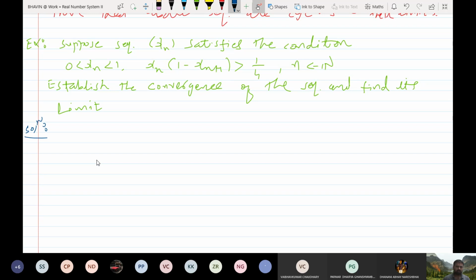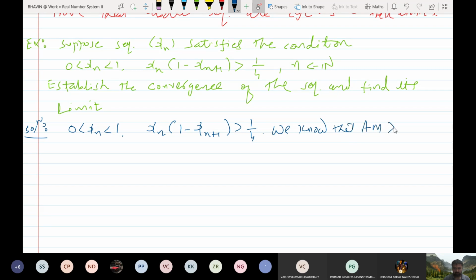This is actually a very nice example. See, 0 less than xn, and we know that arithmetic mean is greater than or equal to geometric mean.